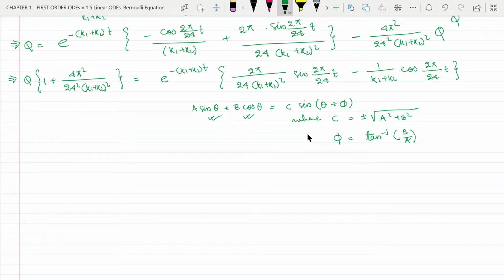Same case here, there is a constant term multiplied by a sine term and a constant term multiplied by a cosine term. So we can reduce this whole curly bracket thing into one single term.